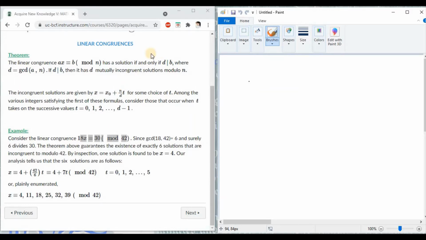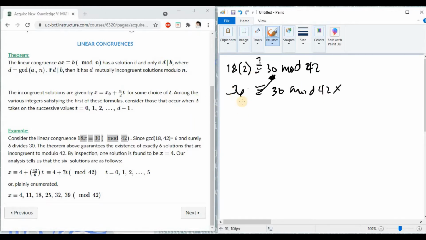So, trial and error: 18 times 2, is it congruent to 30 mod 42? Di ba, 18 times 2 is 36. Hindi naman 30 ang magiging remainder niya kung ang 36 i-attach mo dito.